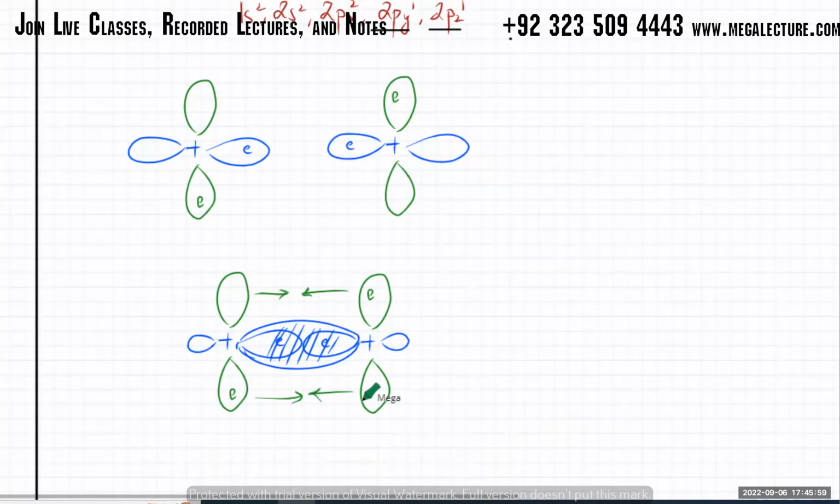Now these orbitals are sideways. That means बीच में तो आ नहीं सकते. That's already occupied. Plus उनकी alignment भी इसी तरह थी कि they were on axes that were parallel to each other.